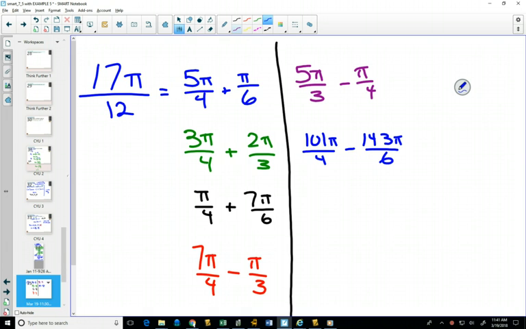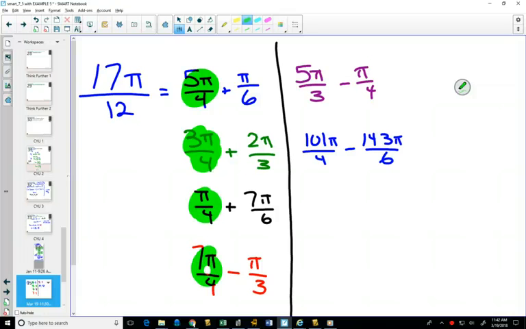So if we look at all of the ones that we have so far and try to highlight a common theme, what's in every single one of them? Pi over 4 shows up in every one of them, somewhere. Doesn't matter if it's first or second, but there's a pi over 4 every single time.